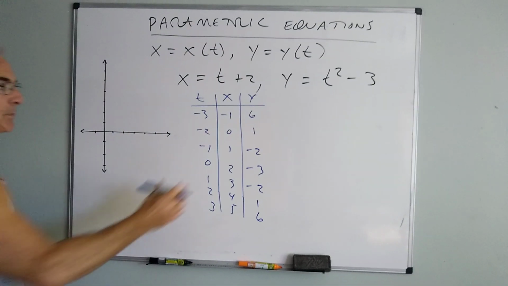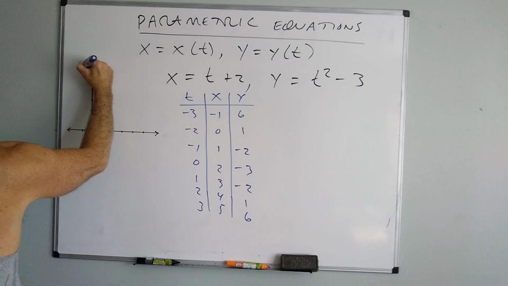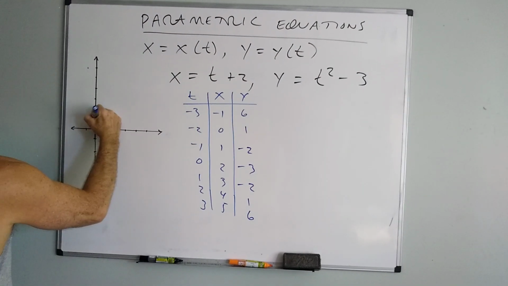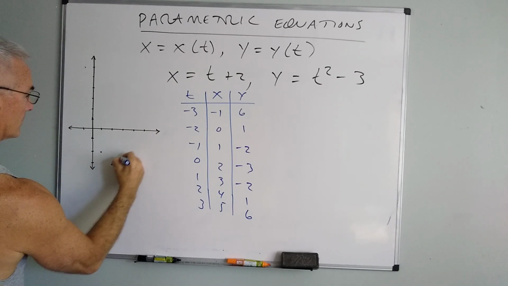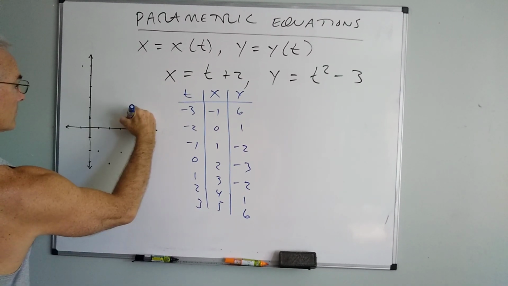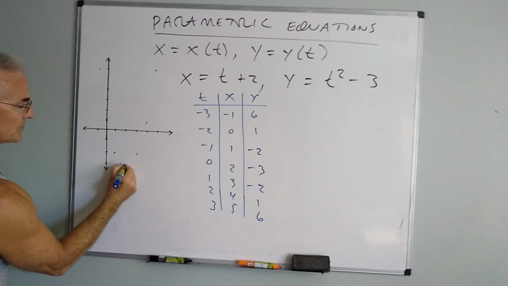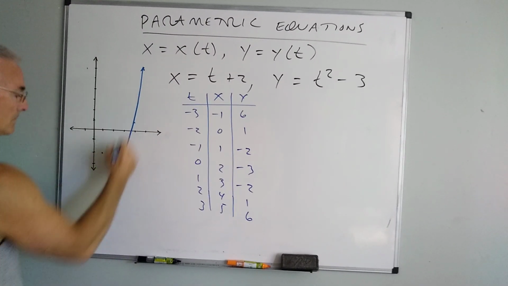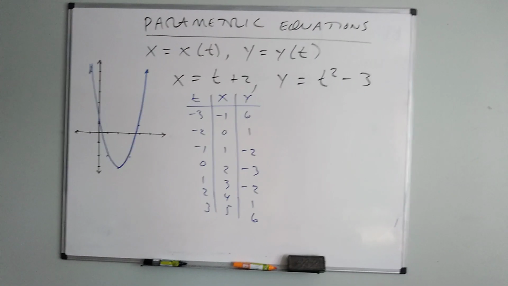So if I said let's plot the xy points to see what we get, something that looks like this. This looks strangely familiar. If you say, hey, I recognize that, it just looks like a parabola.